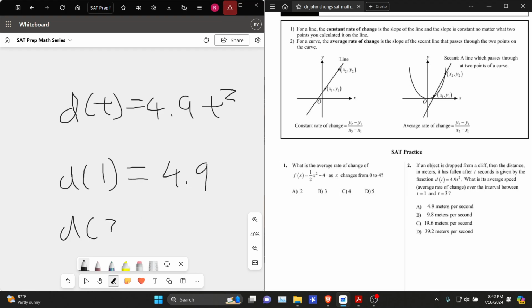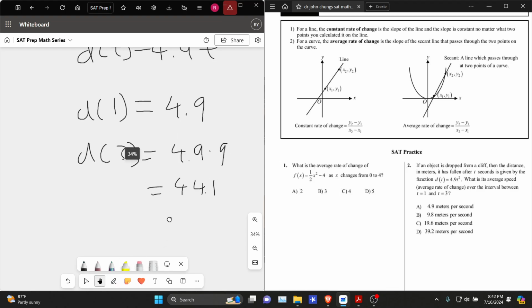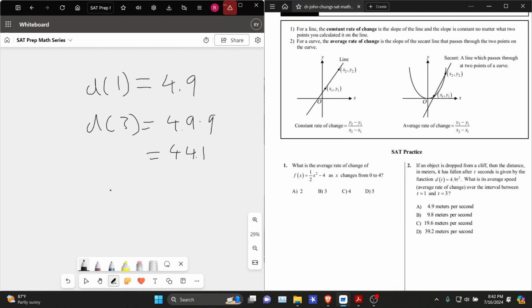When you plug 3 in, you get 4.9 times 3 squared, which is 9, and then 4.9 times 9. When you enter it in your calculator, you get 44.1. So now the 2 points you have are 1 and 4.9, and 3 and 44.1.